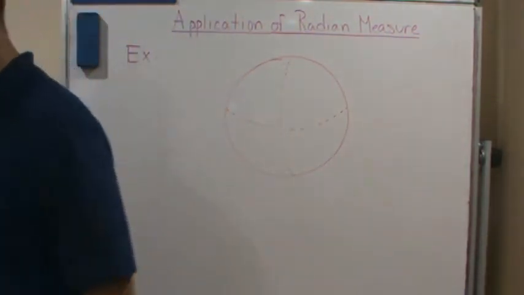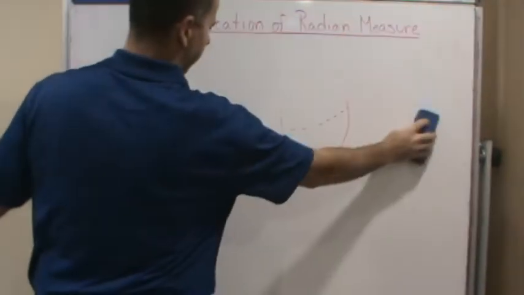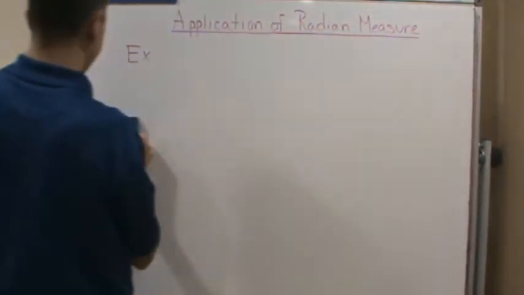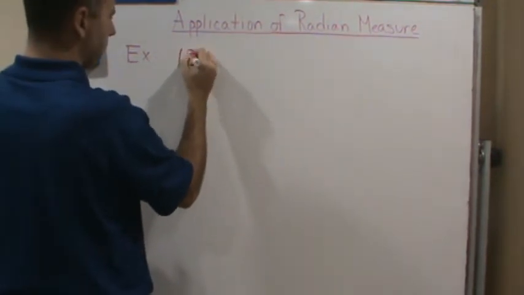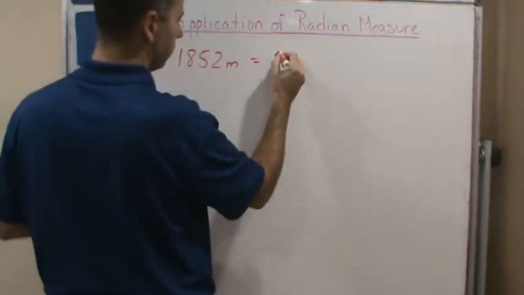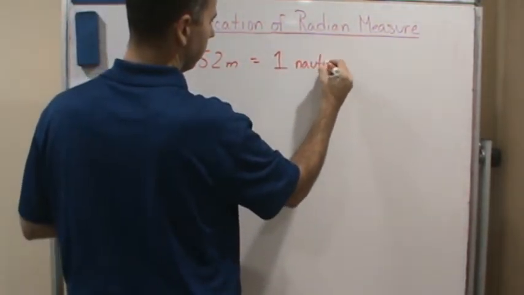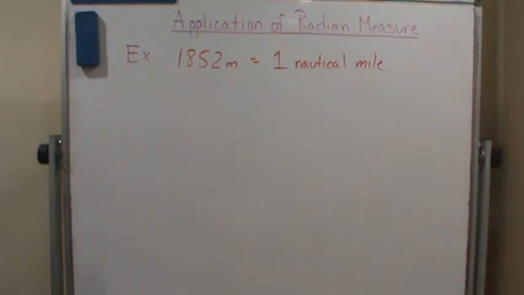Today, the modern definition is just 1,852 meters, in the metric system. So now, based on the modern definition in the metric system, 1 nautical mile is 1,852 meters.